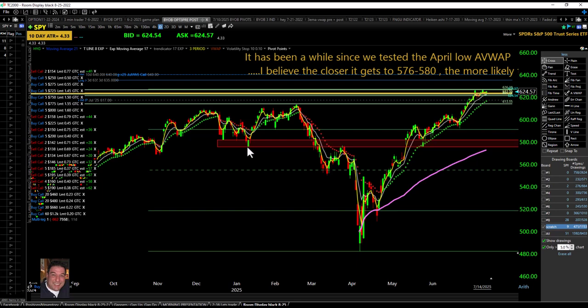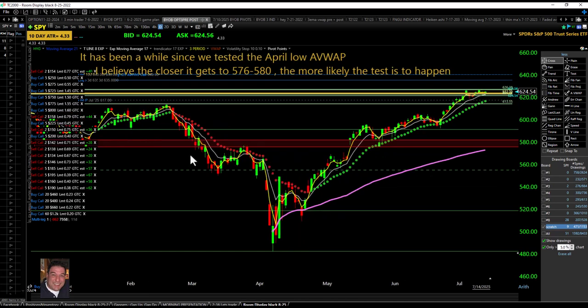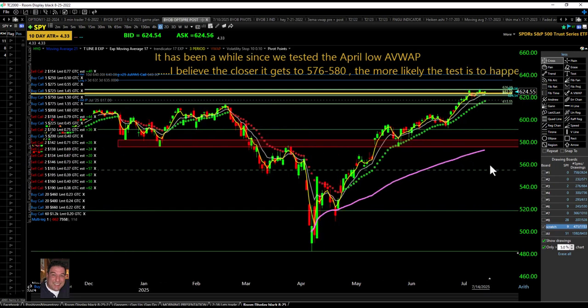See this middle thing? That's usually a target. I'm just telling you that they like to tag this and they like to tag that, and this and that are getting pretty close to being the same number.